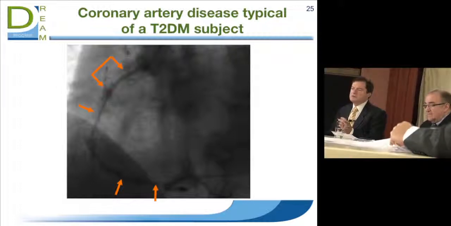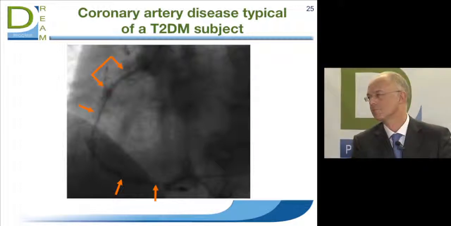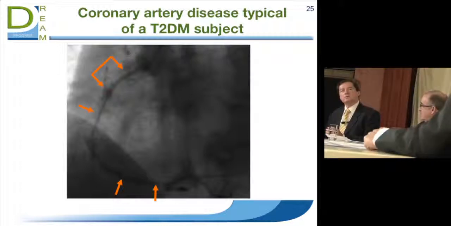Furthermore, we know that patients with diabetes are more likely to have a heart attack, around 3 times more likely than people without diabetes, less likely to get to hospital alive, less likely to leave hospital alive, and do more poorly after stenting and bypass surgery, revascularization procedures. They have more recurrent disease and poorer long-term survival.